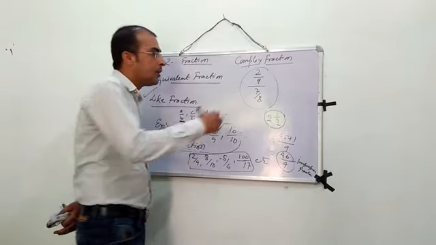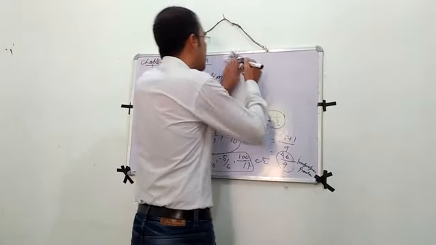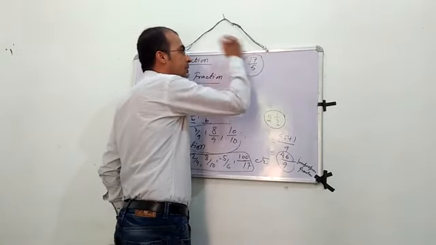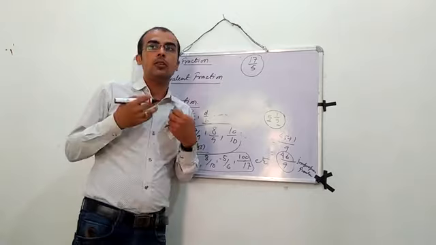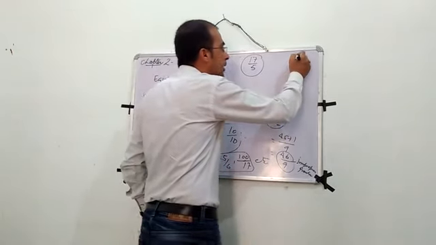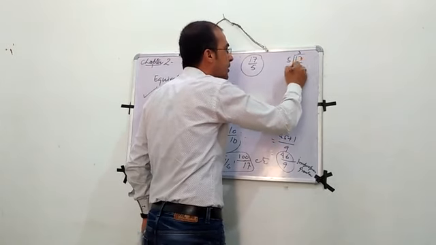Another example we can take. Suppose 17 by 5. This is a fraction. I want to change it into the form of a mixed fraction. So what to do? Simply divide 17 by 5. How many times? 3 times, 15.